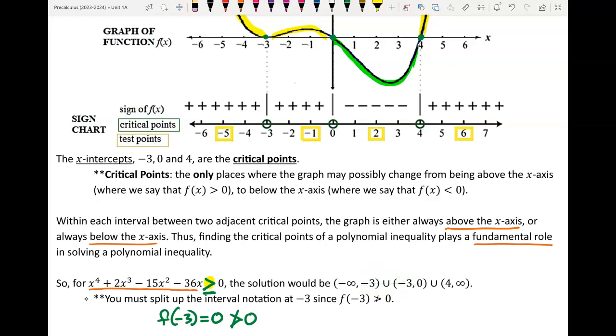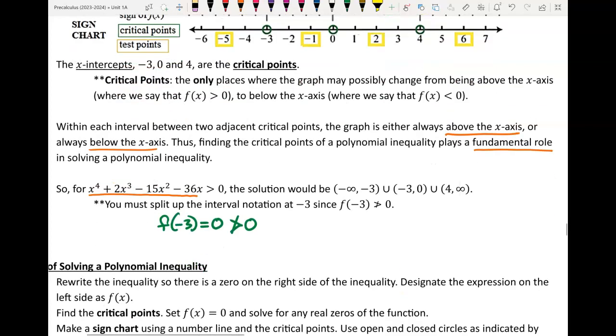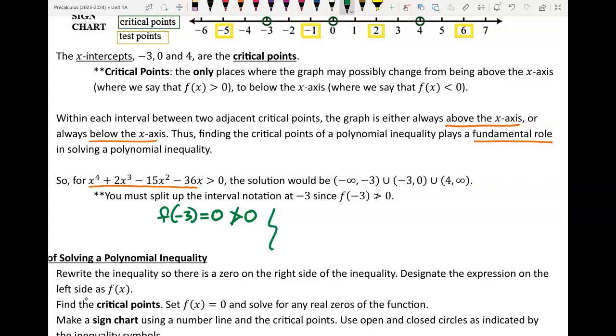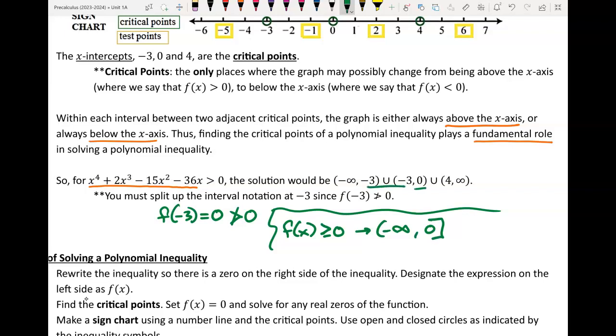I don't want to completely erase everything here, but let's go ahead and say for this one, if f of x is greater than or equal to 0, then my interval would have been -infinity to 0 included, so we're including -3 and 0, union 4 included, because f of 4 is equal to 0, and we're okay, it's part of the inequality, to infinity.